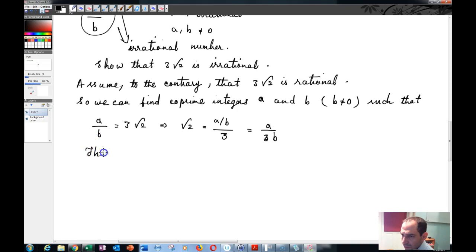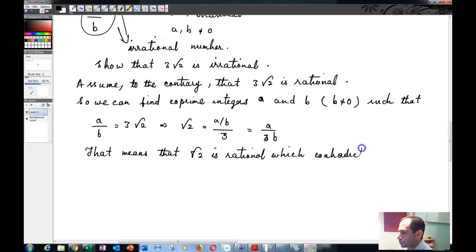So that means that square root of 2 is rational, which contradicts the fact that square root of 2 is irrational.